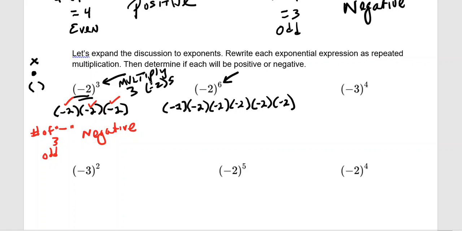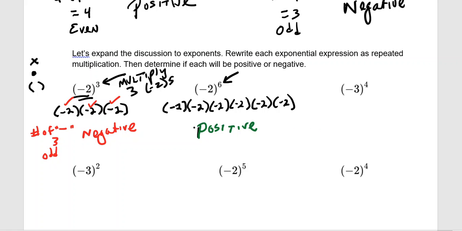If I were to add up my negative signs to determine the outcome, well, it's pretty obvious. I have 1, 2, 3, 4, 5, 6 negatives, and that's an even amount. So I am going to get a positive result in that case.